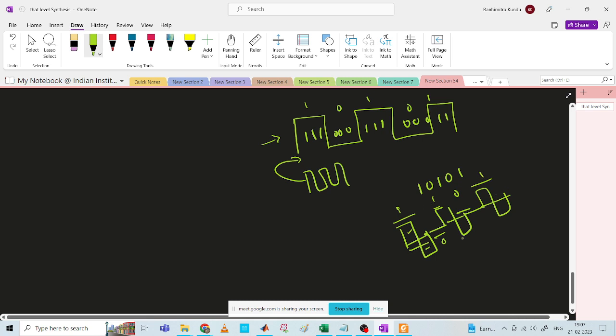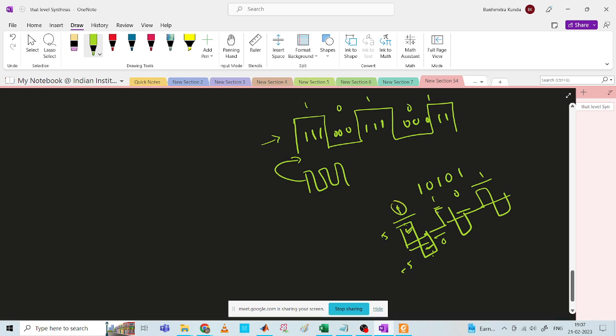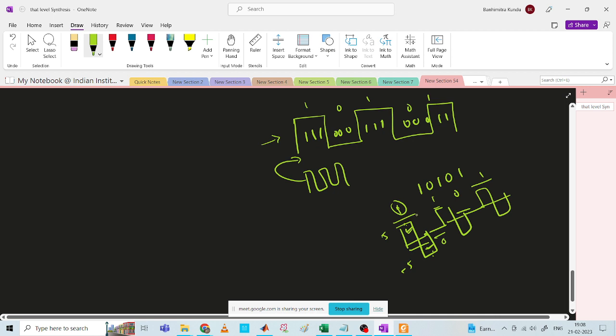So when we have something like this, 10101, you see in this 1 there are 2 signal changes, right? It is going from 5 volt to minus 5 volt. So the number of bits that you are passing per second is only 5.